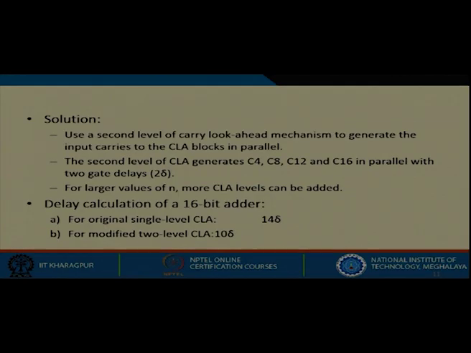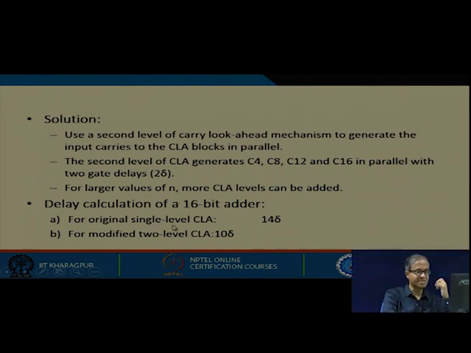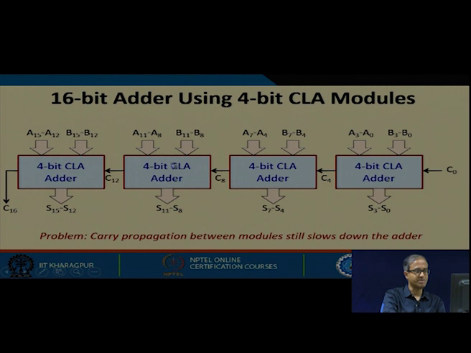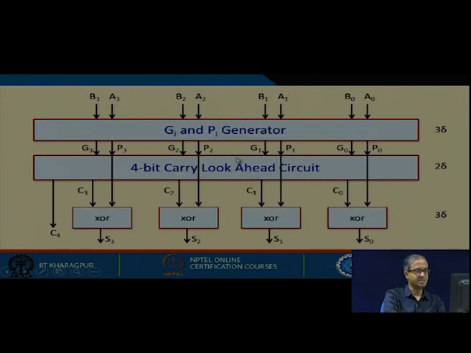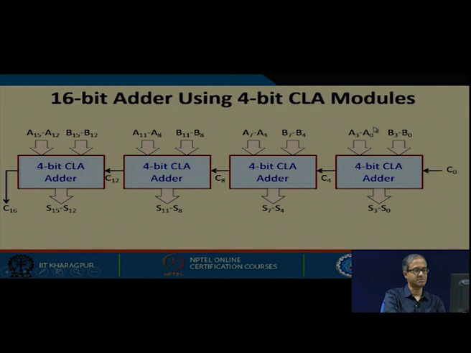Delay calculation is fairly simple. For the original single level carry look ahead adder for 16 bits, the delay was 14 delta. I am talking of this circuit, because this carry generation will take 2 delta additional time for the carry look ahead, since the GI PI can be generated in parallel by all the blocks.